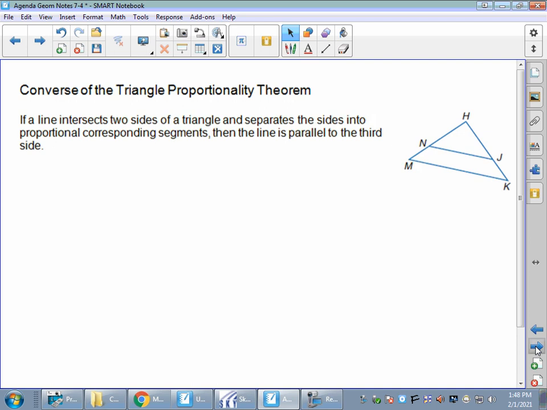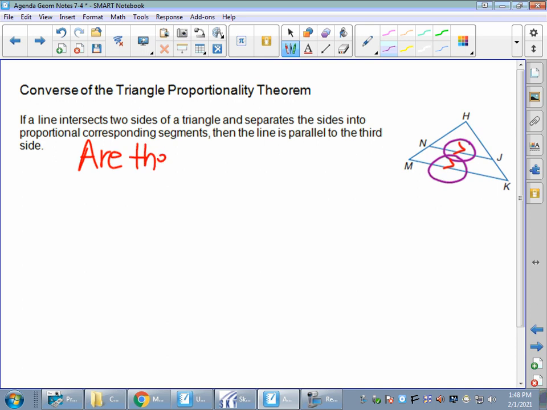So basically, we don't have parallel markers here. That's the question. Here's what the questions are going to ask, or it's going to say, are the lines parallel?